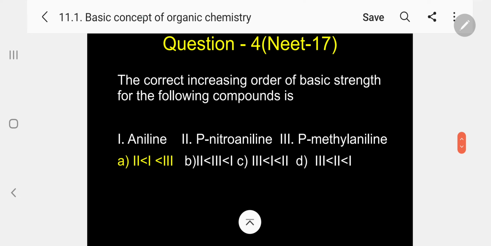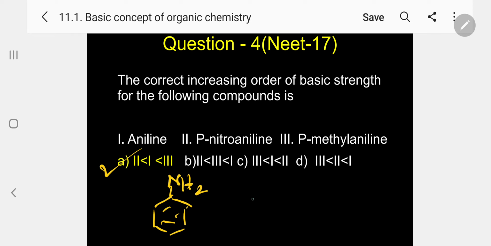Please follow. Here the answer is given as A. But if I just say A, you cannot understand, so let me explain clearly. Let me write aniline first. This is aniline, NH2.